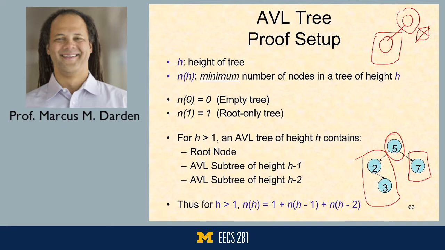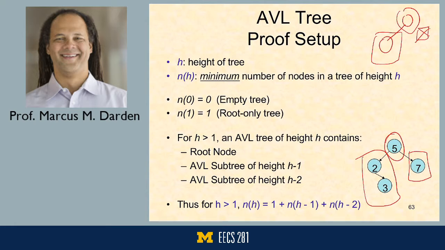Because I'm looking for the minimum number of nodes, both sides can't be the same height. One side has to be shorter. And because I'm talking about a balanced tree, it's not just shorter, but it's exactly 1 shorter. All right?